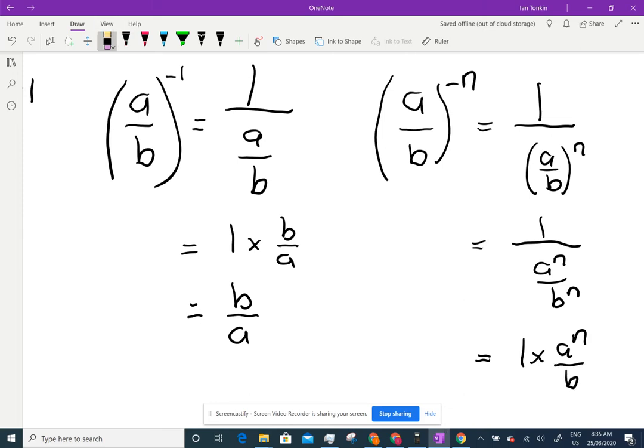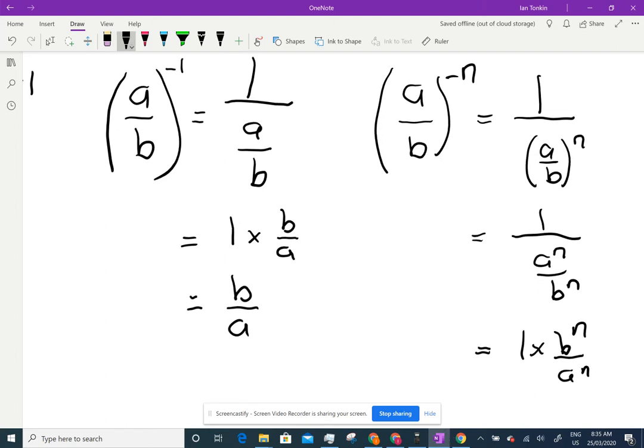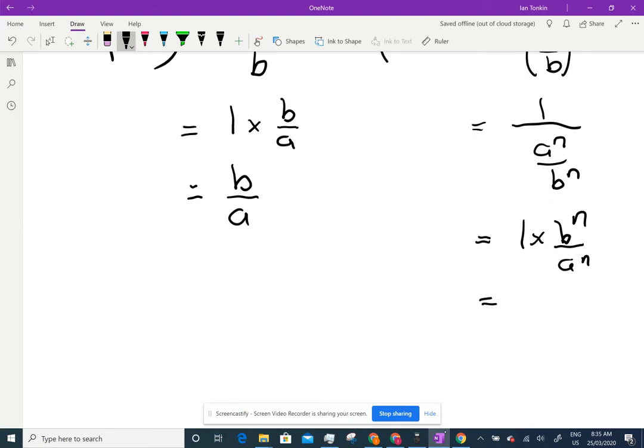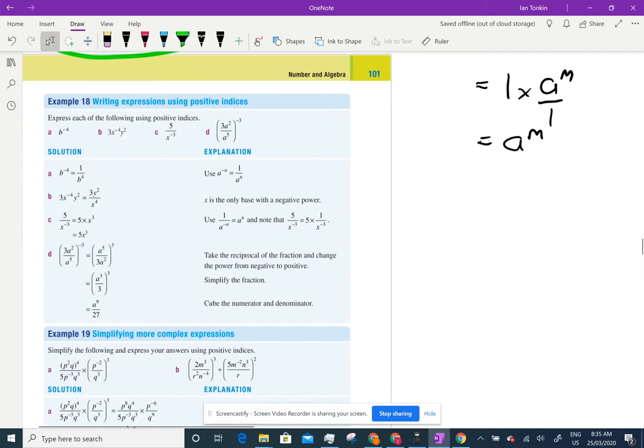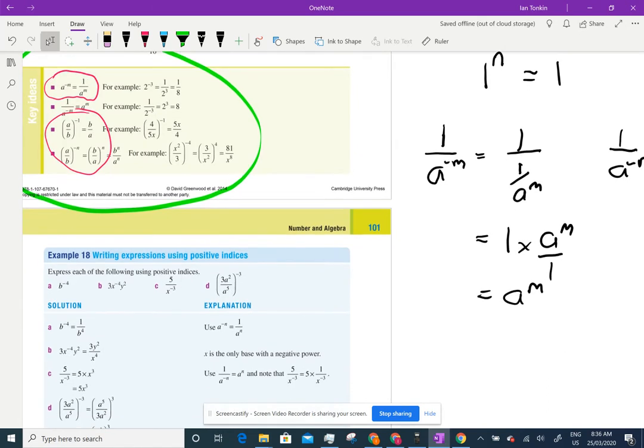Silly, B to the n on A to the n, which is B on A to the n. So if you have a negative in the power, you just put it down the bottom or move it up the top, or flip a fraction.